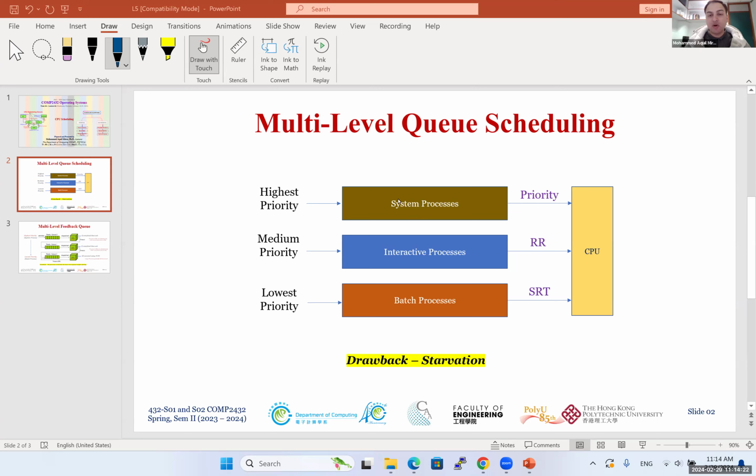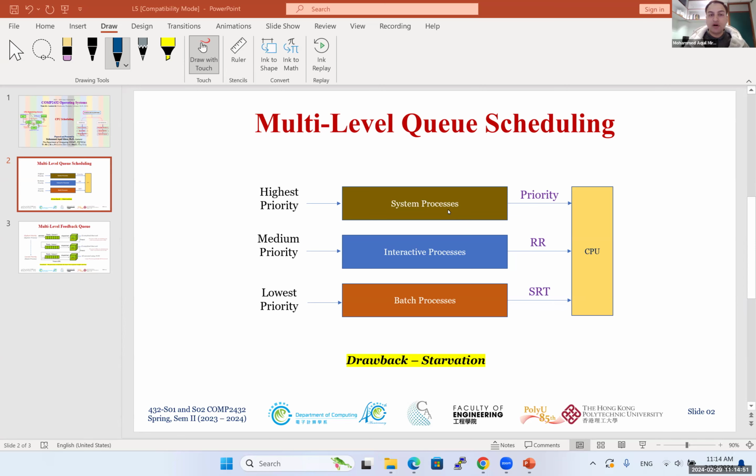And only once all the processes in the system processes are executed, only then the interactive process will get a chance to execute on the CPU. Okay, so that means all the processes that are in the interactive process queue and the batch process queue, they always need to wait for the system processes to finish their job first. So this is the drawback of the multi-level queue scheduling.